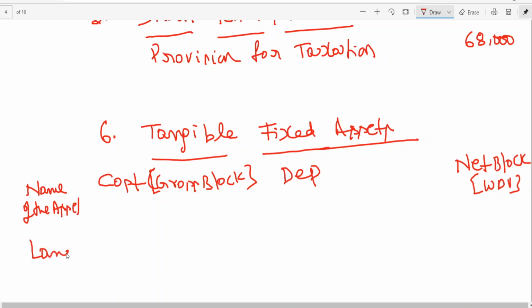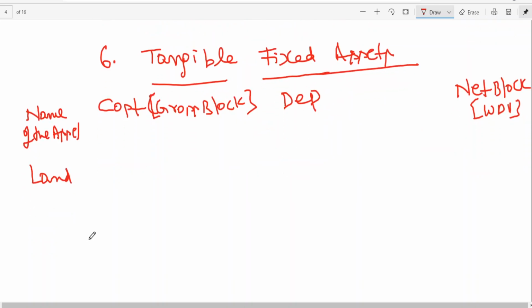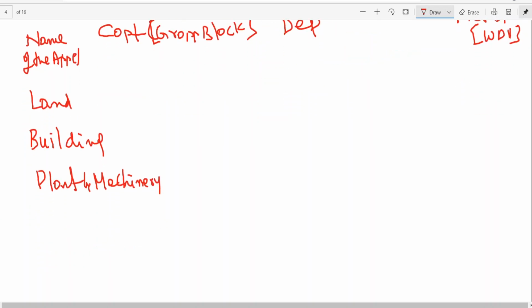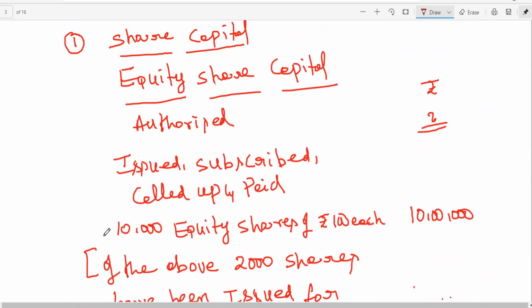We are having four assets: land, building, plant and machinery, furniture and fittings. The problem has given the cost value of the assets.